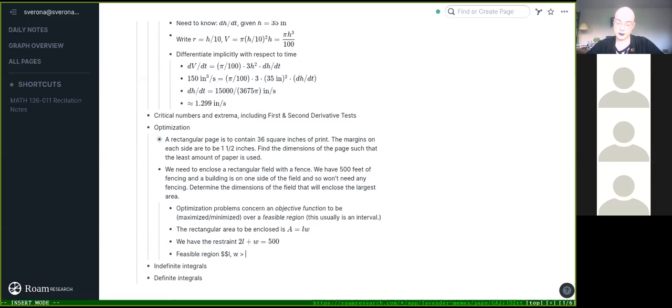So my feasible region, we'll say, is length is positive and width is positive. Okay. So I've got all that. Oh, one more thing. And we have to maximize A, right? Okay.